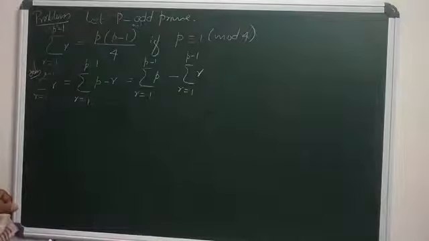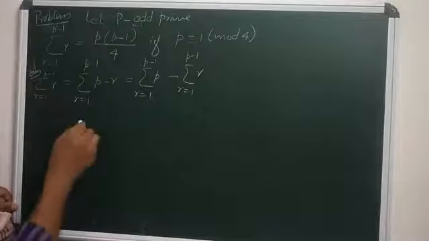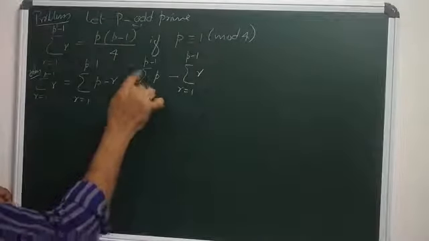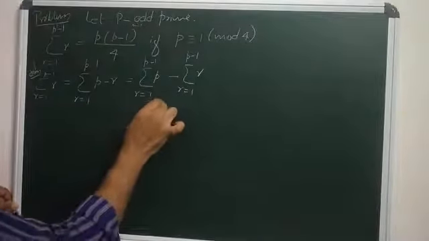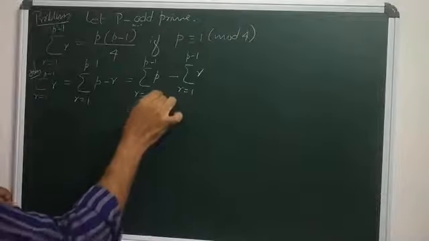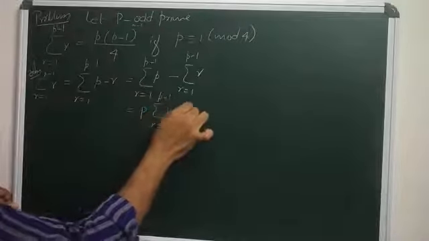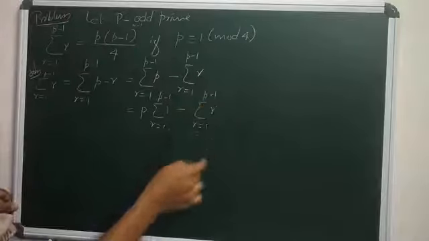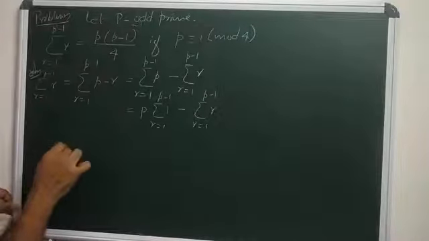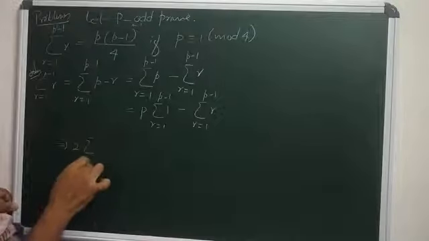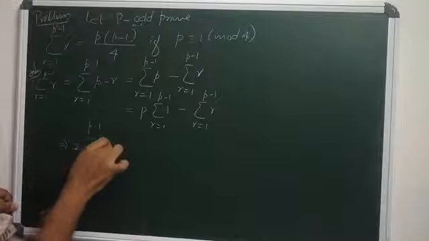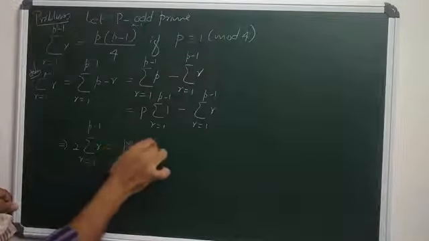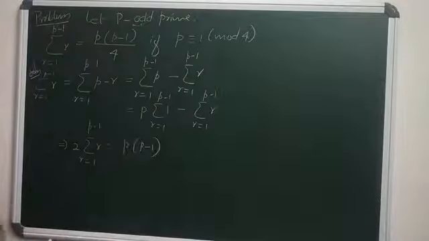Okay. So this is nothing but P into sigma R ranges from 1 to P minus 1 of 1 minus sigma R ranges from 1 to P minus 1 of R. Bring this one to here. So it is 2 into sigma R ranges from 1 to P minus 1 of R is P into P minus 1. Why? Because sigma R ranges from 1 to P minus 1 of 1 is nothing but P minus 1.